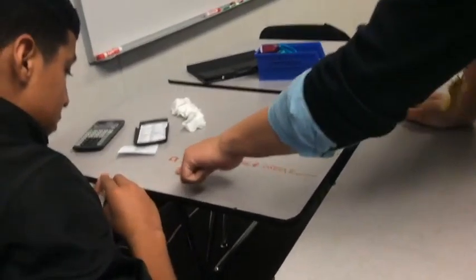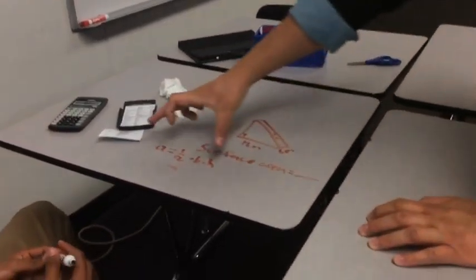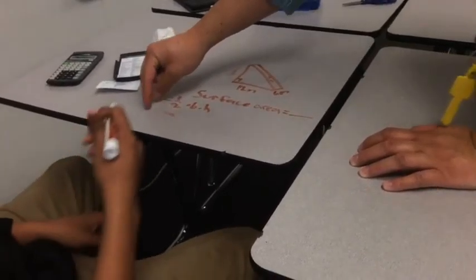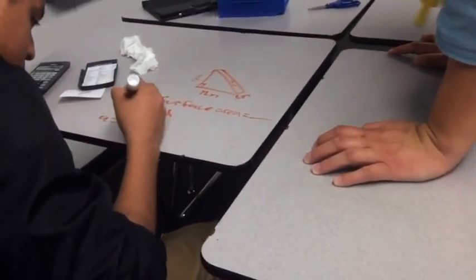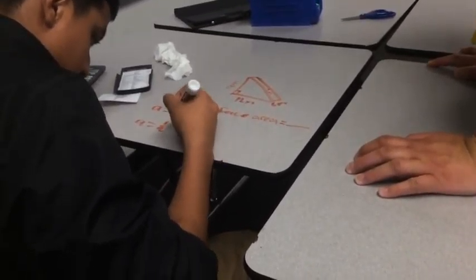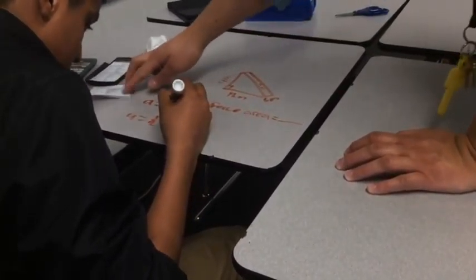You don't need the bottom one because I wrote 2 different ones. Okay. So let's rewrite this. A equals half times. What's your base? Look at your shape. What's your base?